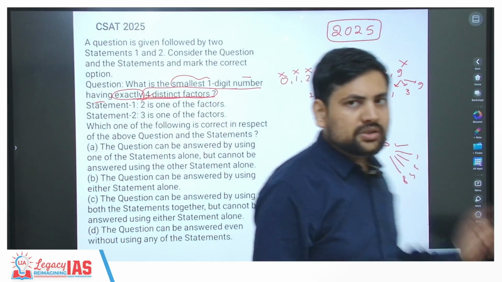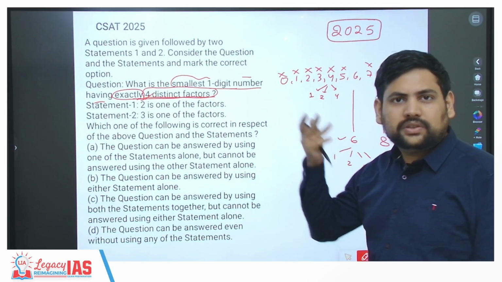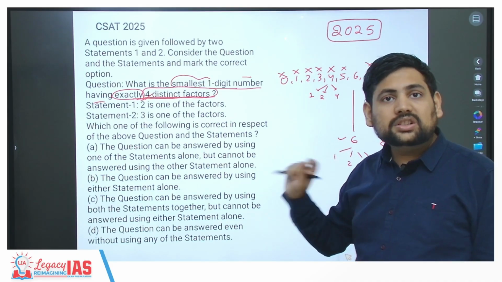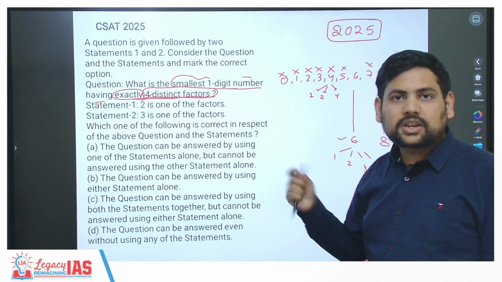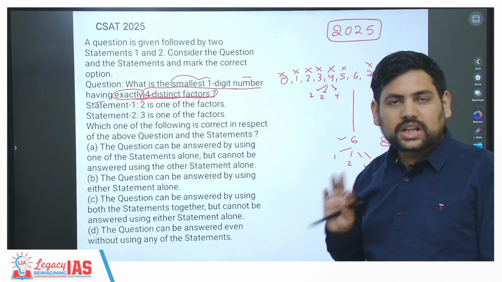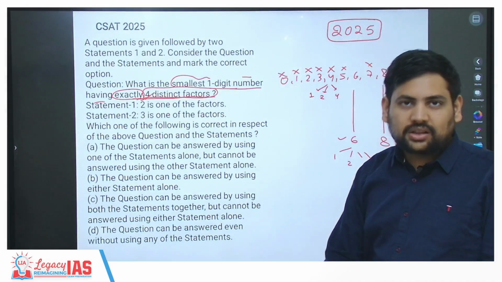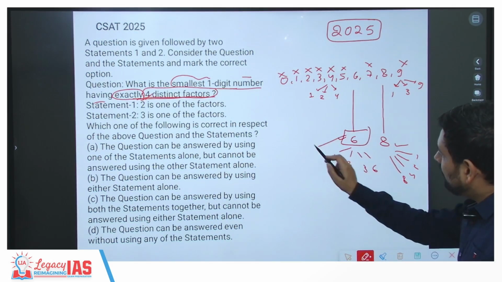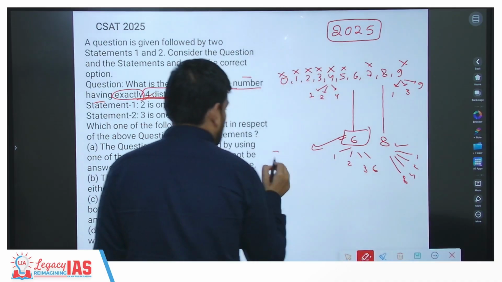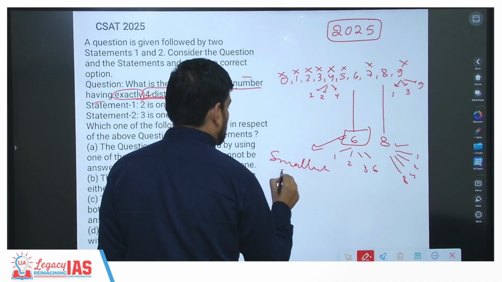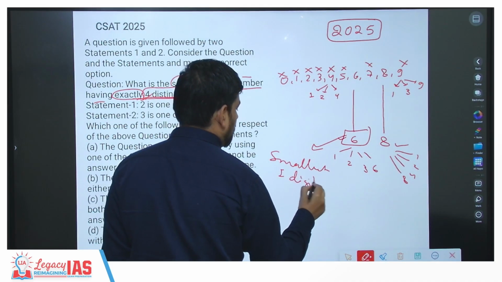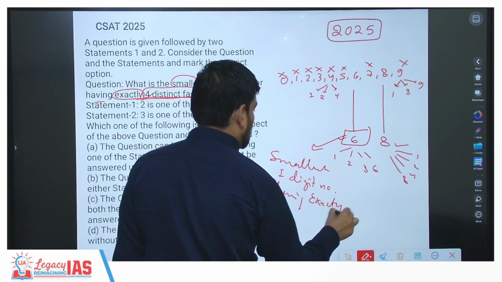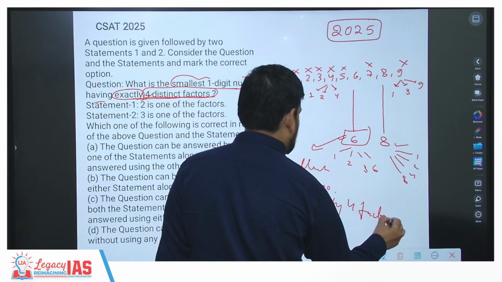So of them also, if any numbers are satisfying all these properties, then you want the smallest number. It is asking you what is the smallest such number that will have 4 distinct factors. So which one is smaller? Clearly 6, and 6 is also the smallest one digit number having exactly 4 factors.